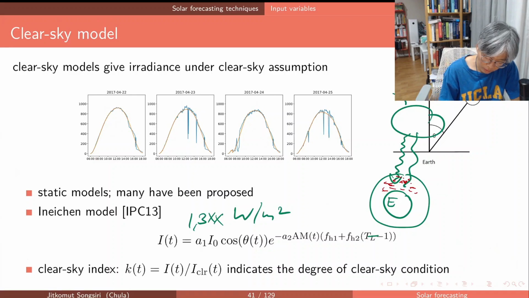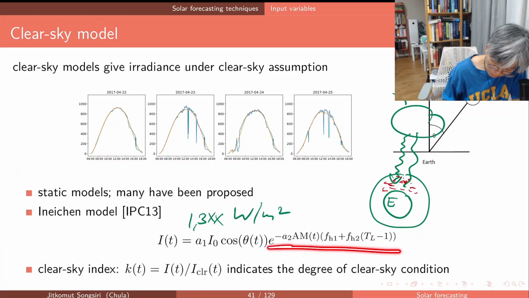So we assume that the solar irradiance that you measure outside the atmosphere would be very high, and that is a constant. And the clear sky model basically says that that constant will be degraded by this value.